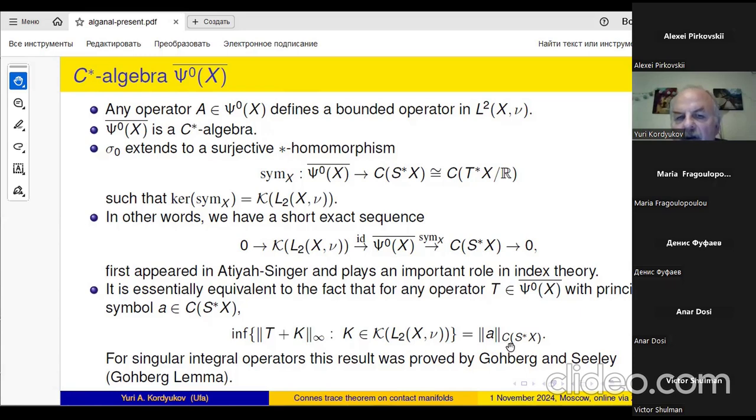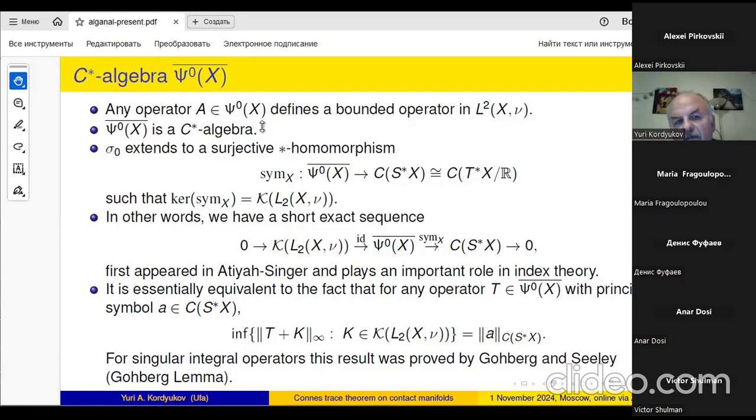Approximation by compact operators was very important in operator theory, and even before pseudodifferential operators in index theory, because the theory of pseudodifferential operators appeared after the theory of singular integral operators.